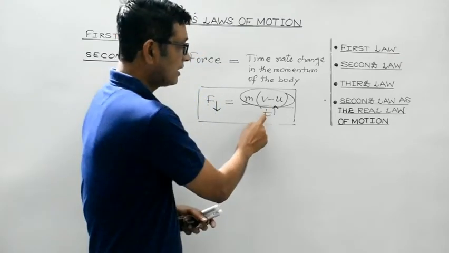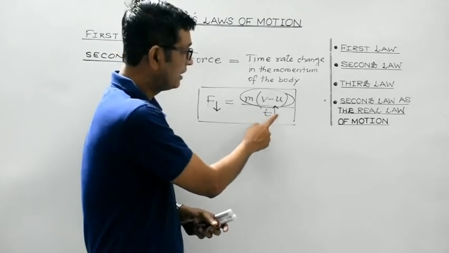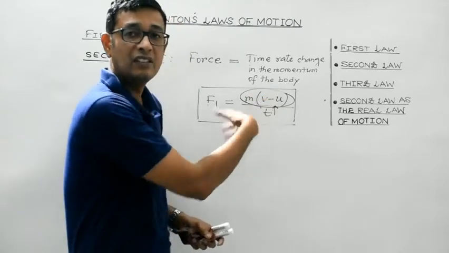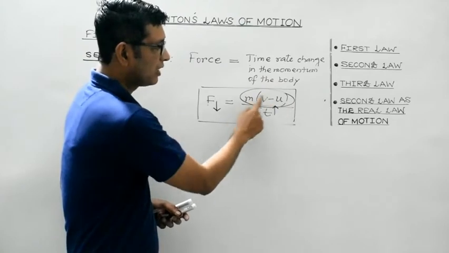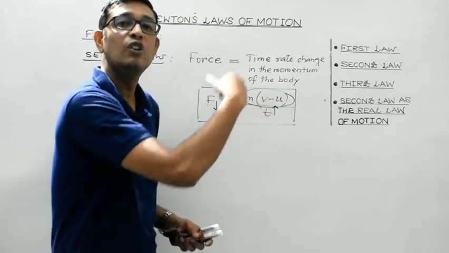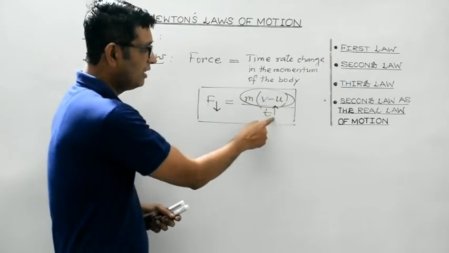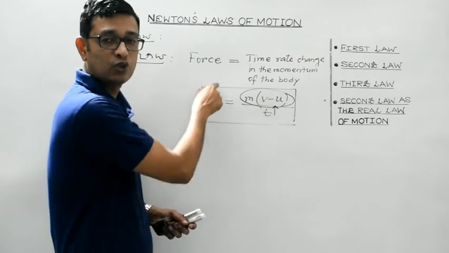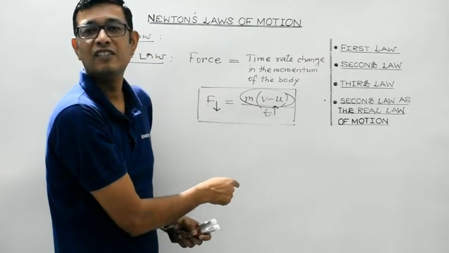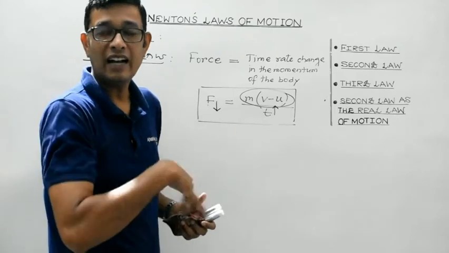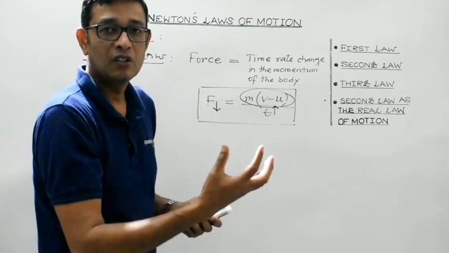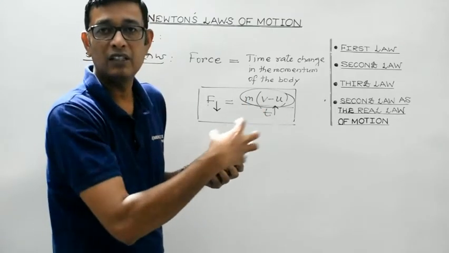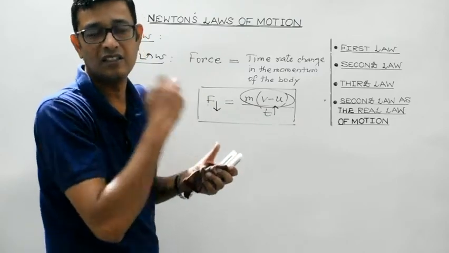So, if the time during which the catch is completed increases, it means that the change in momentum of the cricket ball takes place in much longer time. And if t increases, then the impact of force will get decreased. So, in that case, the ball on impacting with the palm of the hands of the player won't hurt.